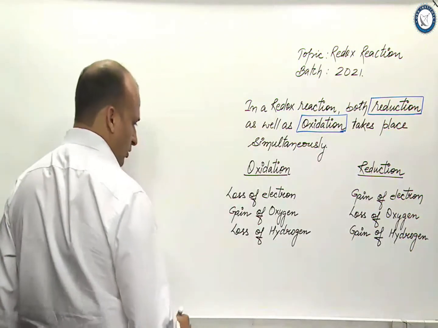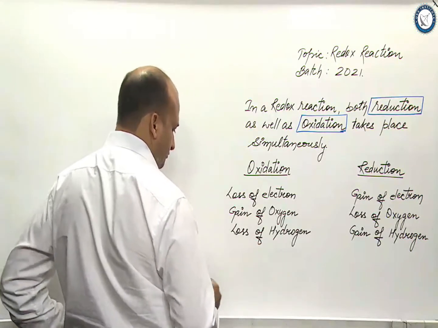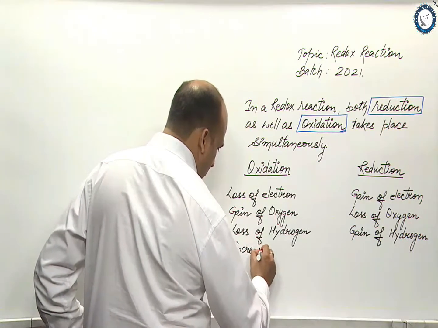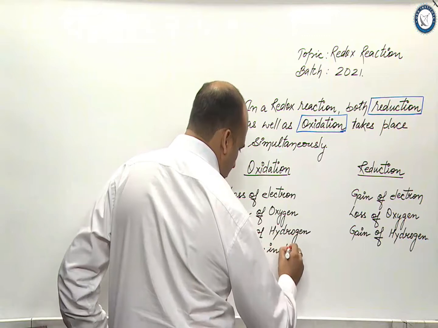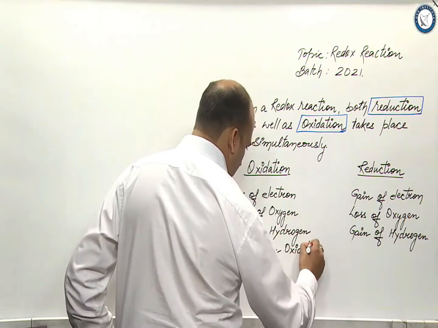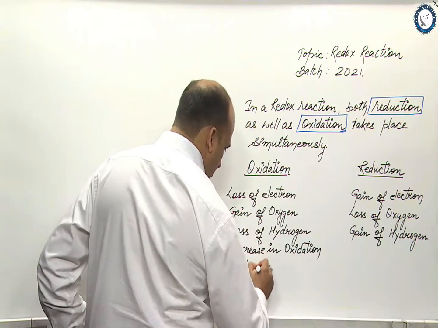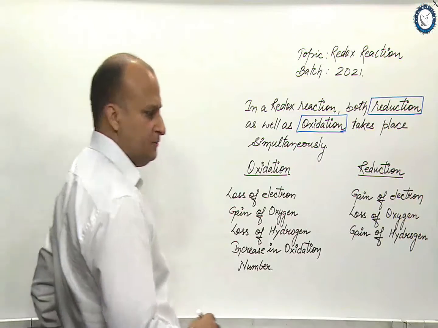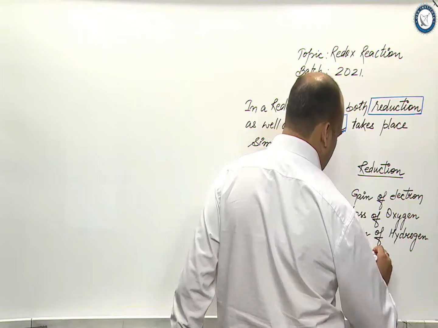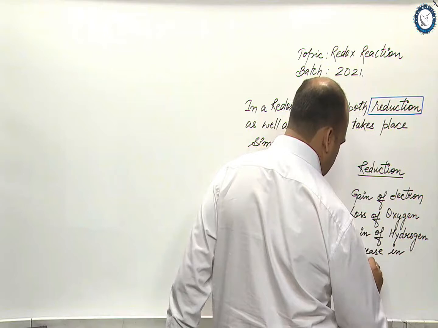Gain of hydrogen is reduction. Okay. And the last, increase in oxidation number is oxidation, and decrease in oxidation number is reduction.